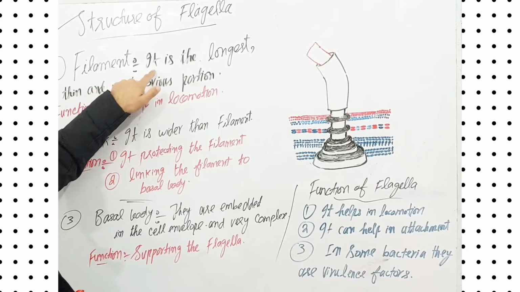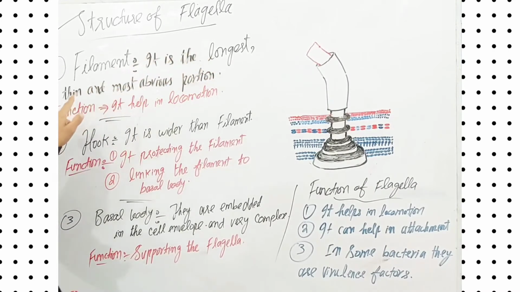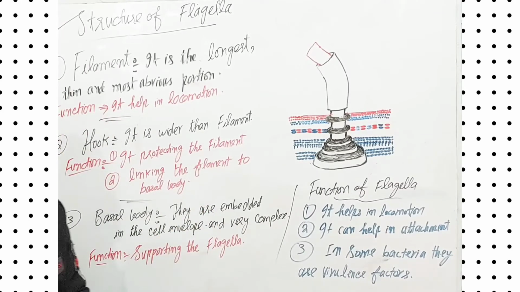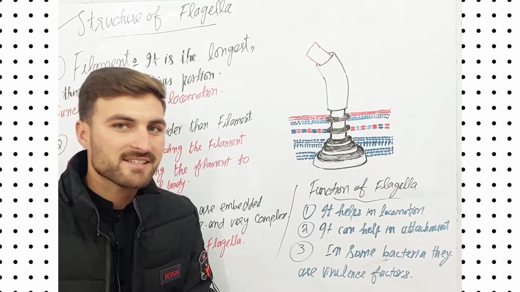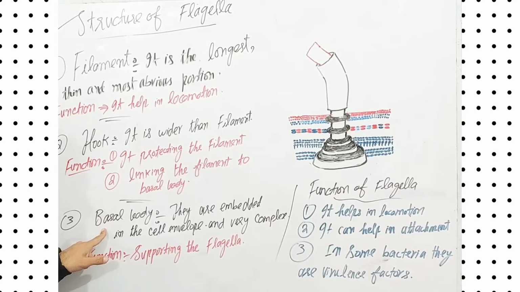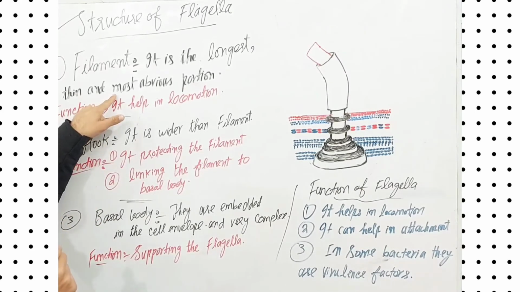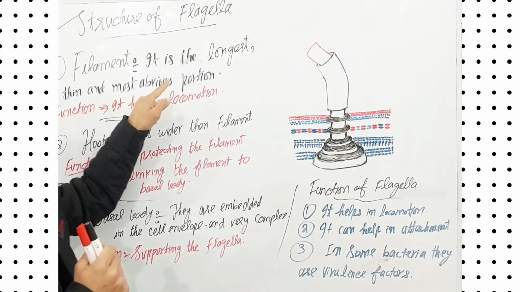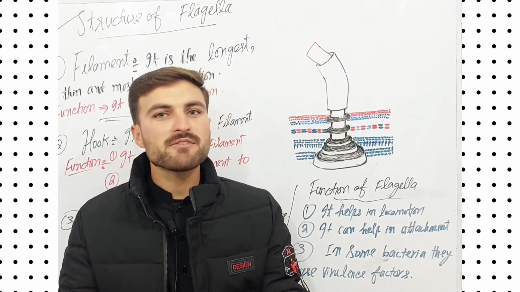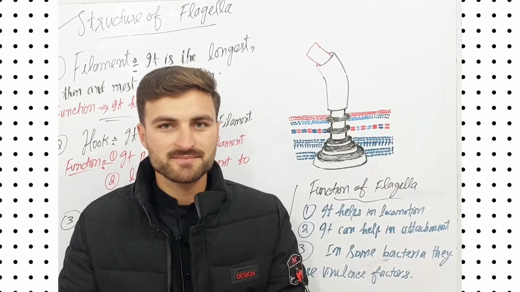We can say that it is the longest, thin and most obvious portion. It is longest as compared to hook and basal body. It is thin, not thick, as compared to hook and basal body. And the third point which I have written is most obvious portion. Actually it is outside of the bacteria, so when we see flagella, we actually see filament.